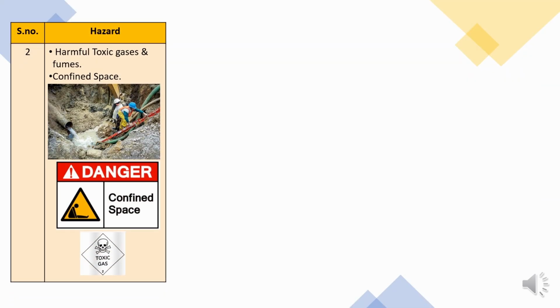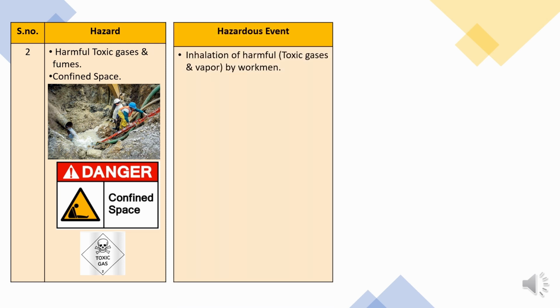Let's come to the second hazard in excavation, which is harmful toxic gases and fumes, and the second one is confined space. So this hazard can contribute or lead to a hazardous event.